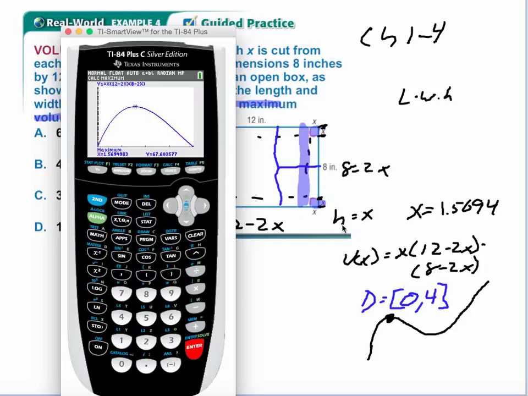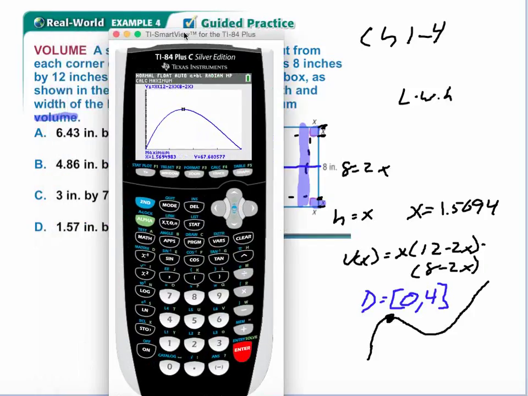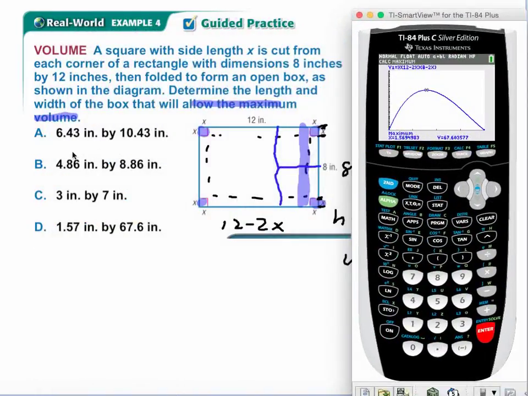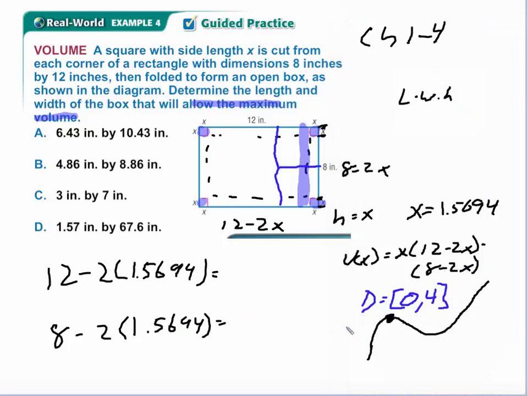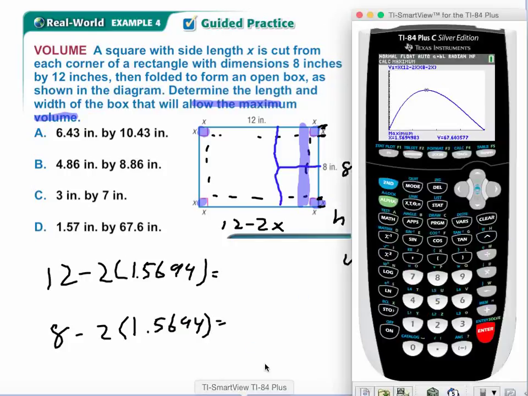So if that is the x value, the question that we have is what are the dimensions of the bottom of the box? So this longer side is going to be 12 minus 2 times 1.5694, and the shorter side is going to be 8 minus 2 times 1.5694.